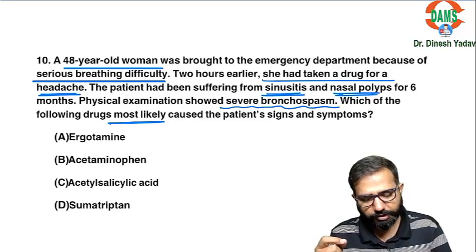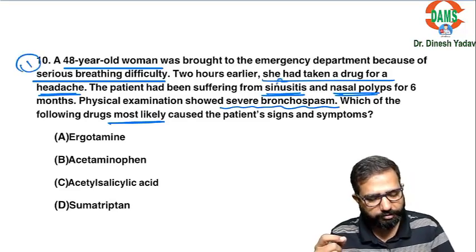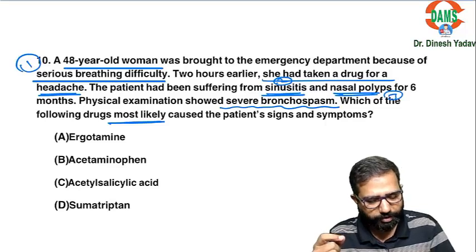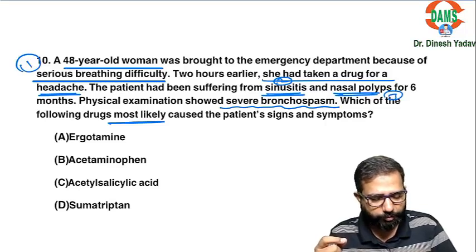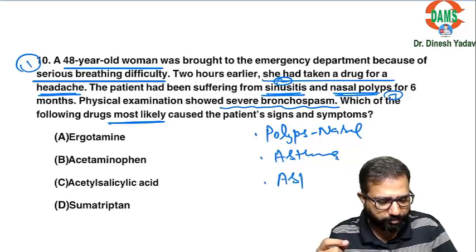See, students, one is serious breathing difficulty, asthma, one is sinusitis, and one is nasal polyps. These histories are there. So which drug is causing this problem? There are three important features: nasal polyps and sinusitis first, second bronchial asthma with breathing difficulty, and aspirin allergy.